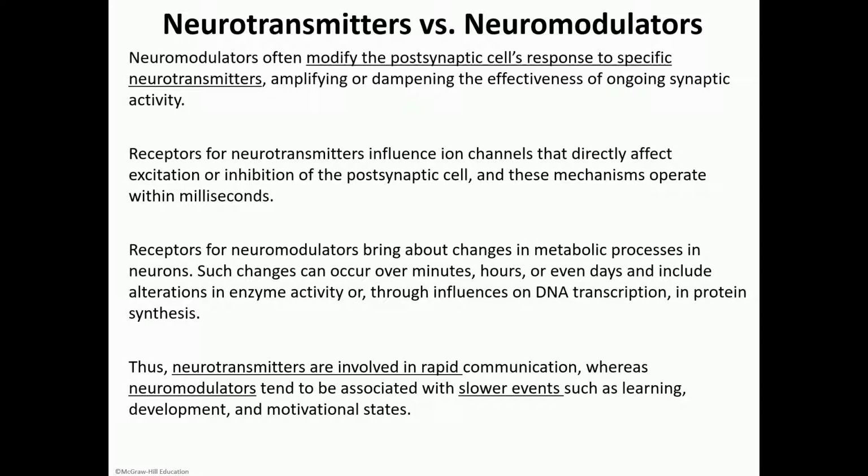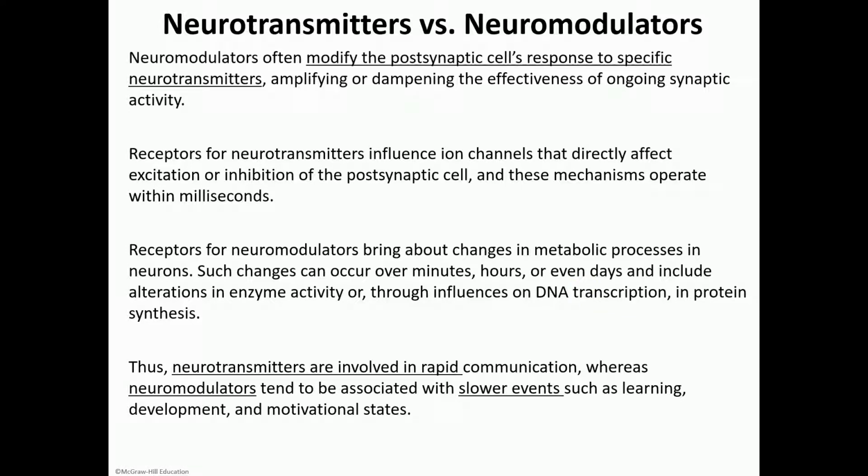Neuromodulators, on the other hand, have receptors that are known as metabotropic receptors. They lead to changes in the metabolic pathways of the cells. So they can increase or decrease protein synthesis. They lead to DNA transcription and enzyme activity, and these changes take a little bit more time.